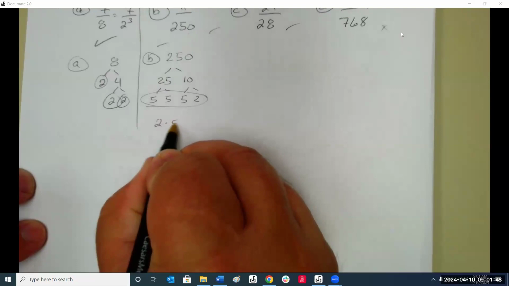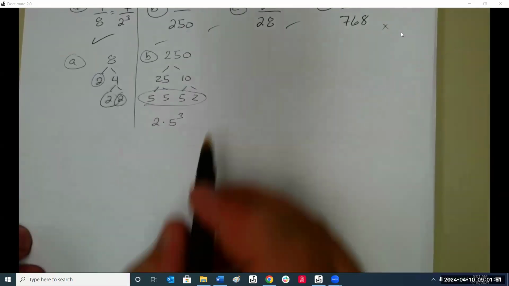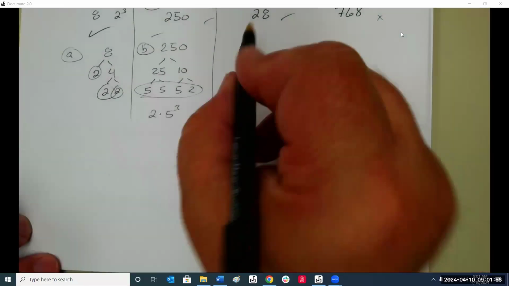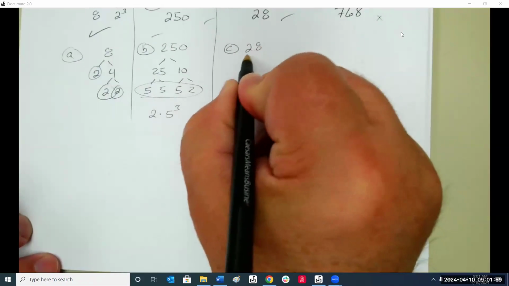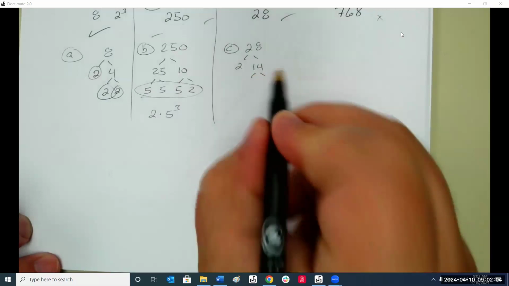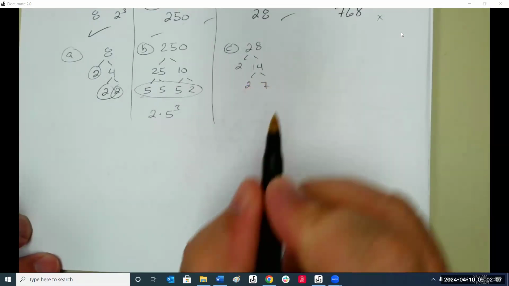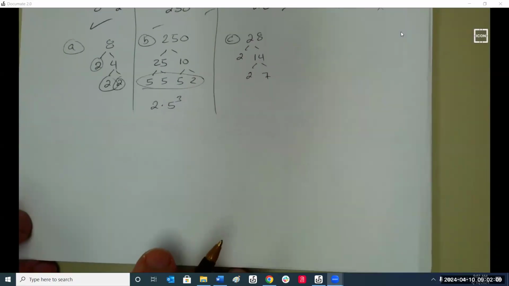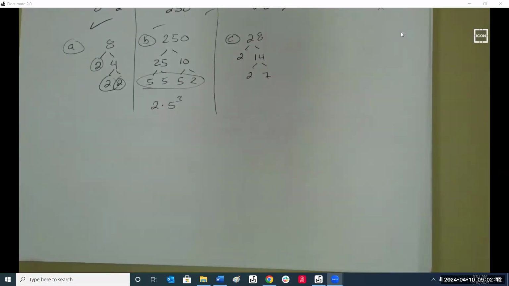It's 2 times 5 to the third. 28 can be divided by 2. 14 is 2 times 7. Right. Hold it.